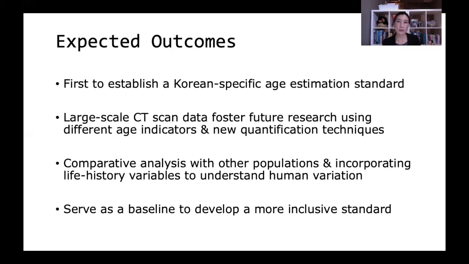And then the results of this study can serve as baseline knowledge to do comparative analysis that places the Korean population with other populations, so that we get a better understanding of how population variation progresses in terms of skeletal aging.